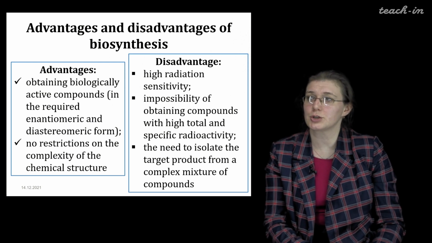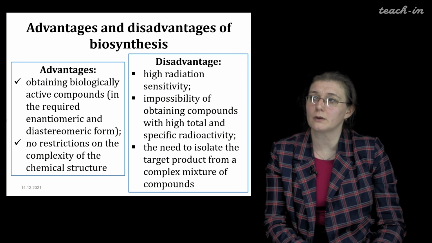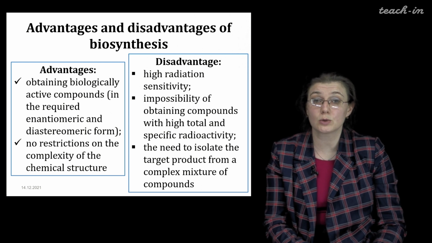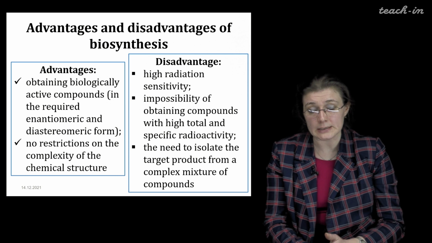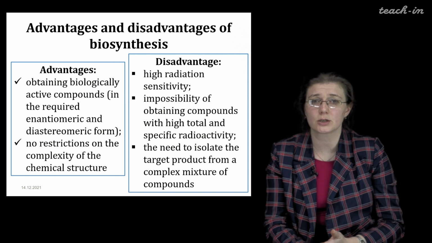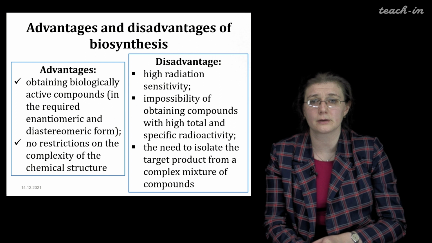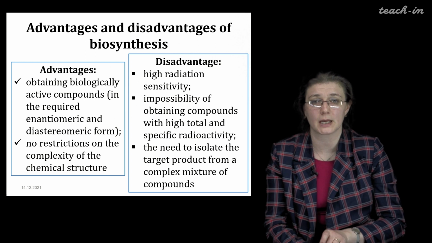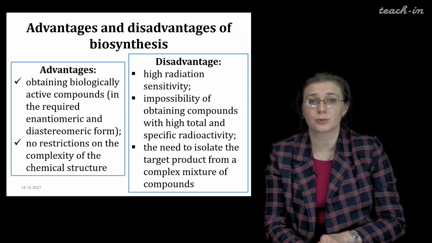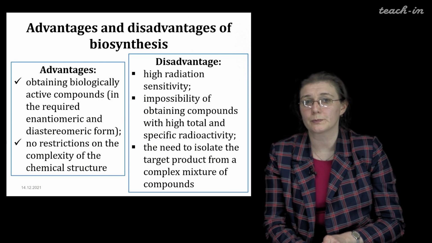The huge advantage is the possibility of obtaining a biologically active compound in the required enantiomeric form. Since an enzymatic reaction is usually carried out by a specific mechanism, the final product will have specifically that enantiomeric form.